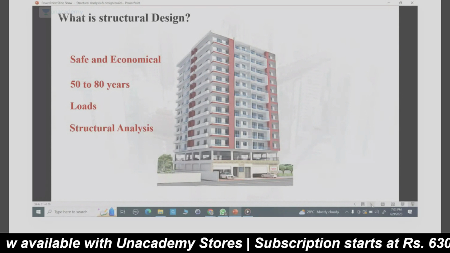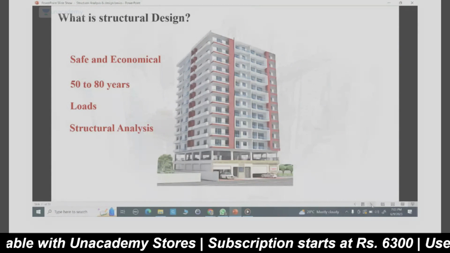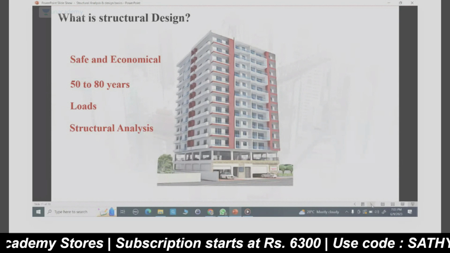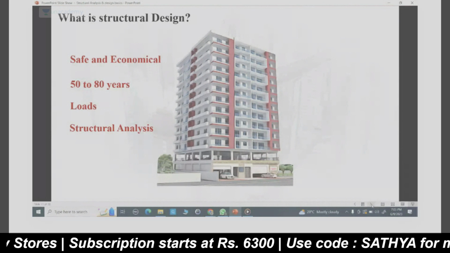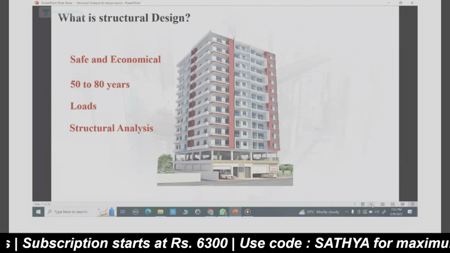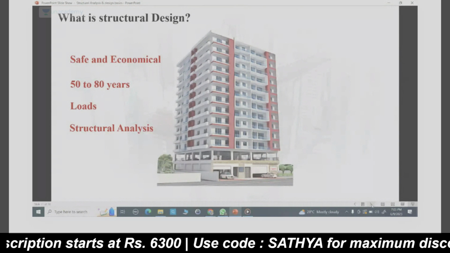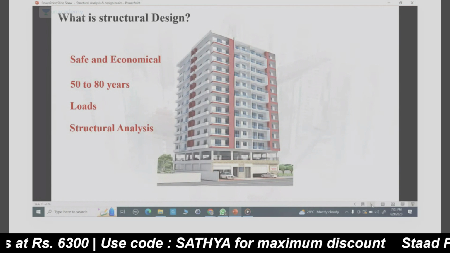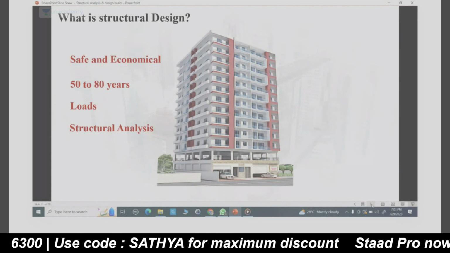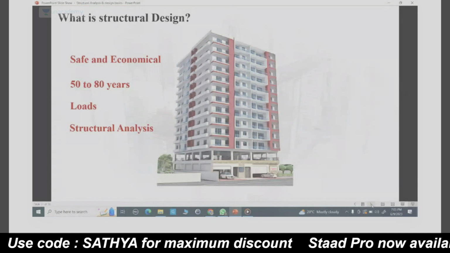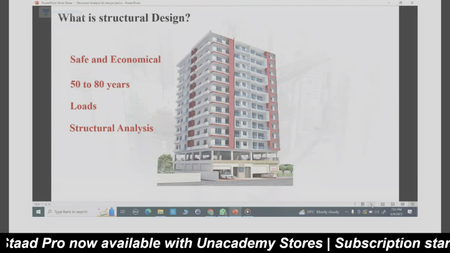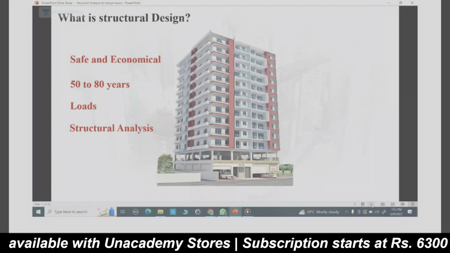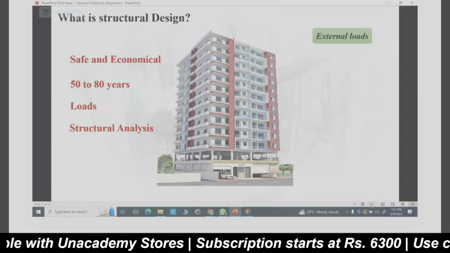So we need to calculate the external loads first and apply them, and due to the external forces we will get internal forces, and then according to the internal forces we need to design the structure.